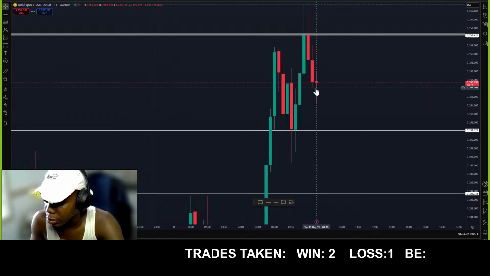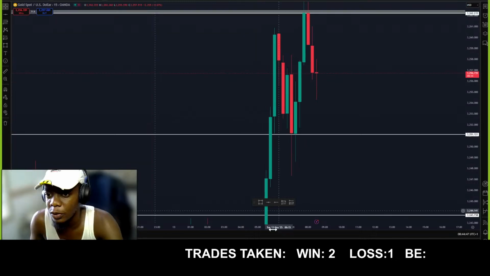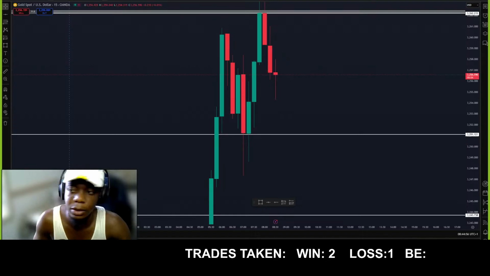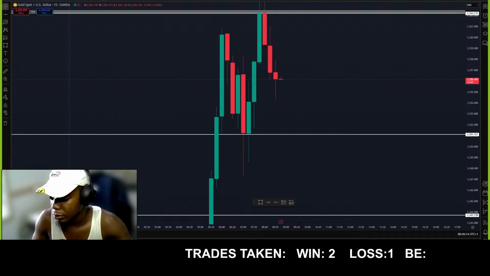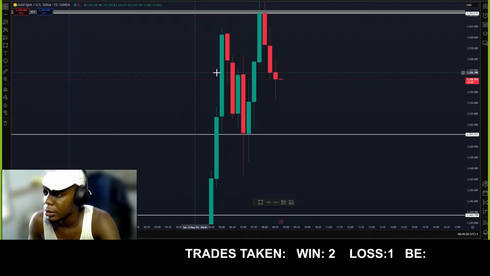So it's very important for you to wait for all your confluence, everything you're looking for in the market, what you want price to do, before you actually place a trade. But we'll wait it out, guys.